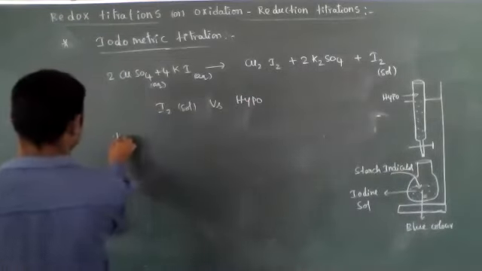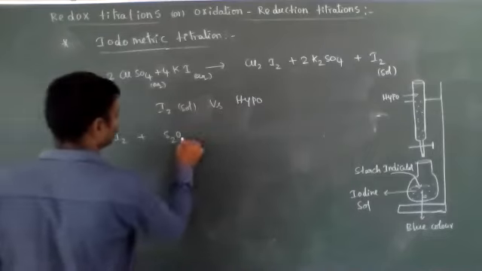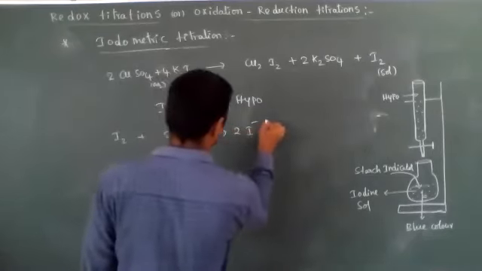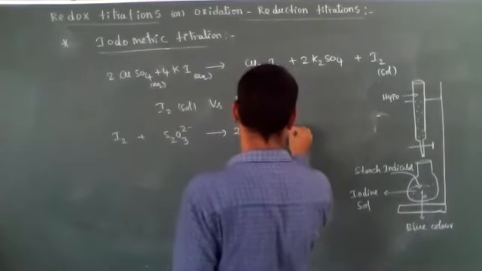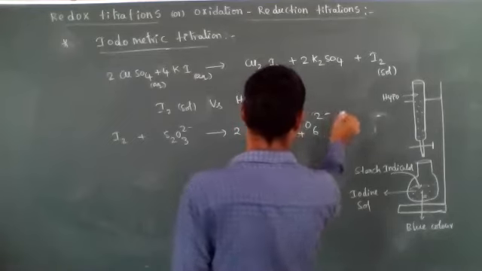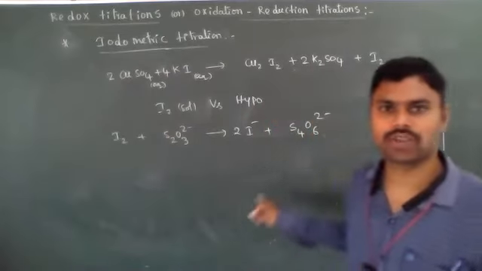Then the equation is the same. I2 plus hypo solution, ionic form S2O3 2 minus, is converted into 2 moles of iodide ion and the tetrathionate ion, S4O6 2 minus. Now in this titration also the indicator is starch solution.